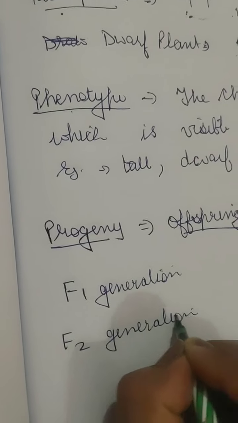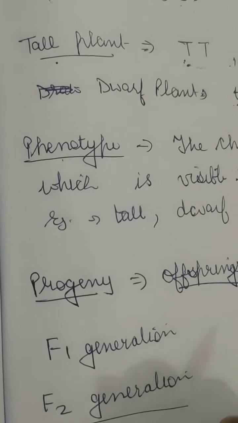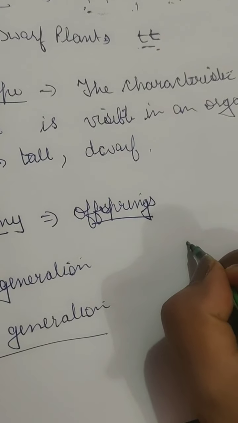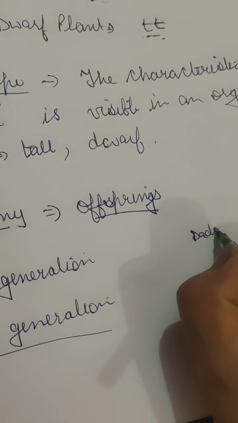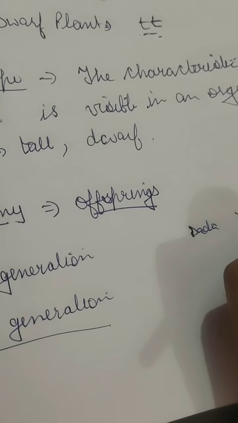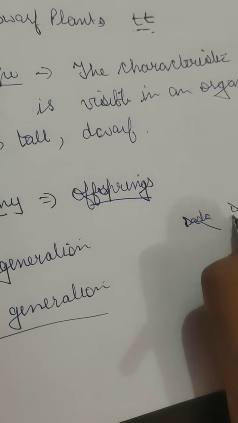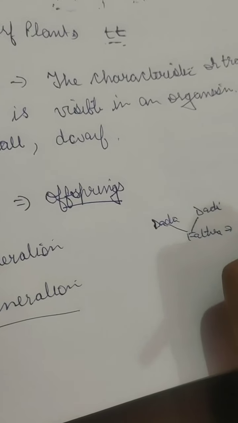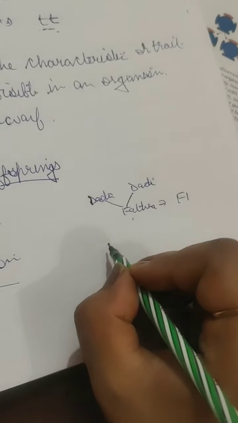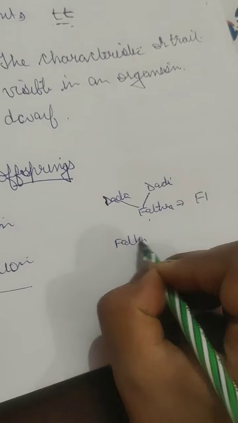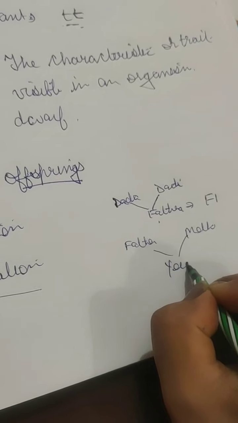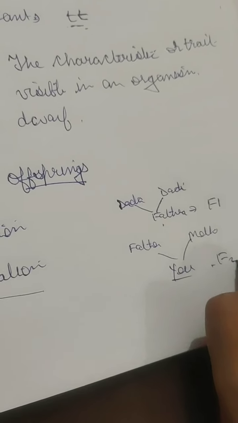F1 generation is the first generation: there are grandparents, and they produce your father. So your father is the F1 generation, and then your father and your mother had you, so you are the F2 generation.